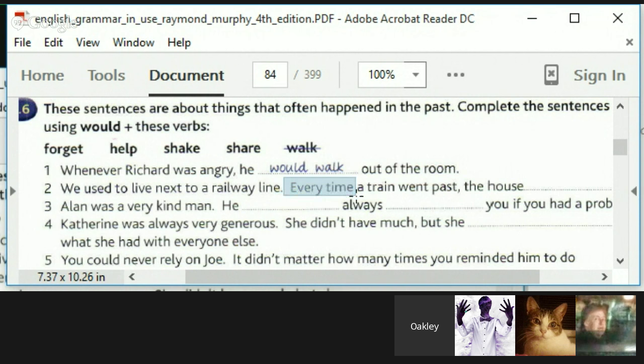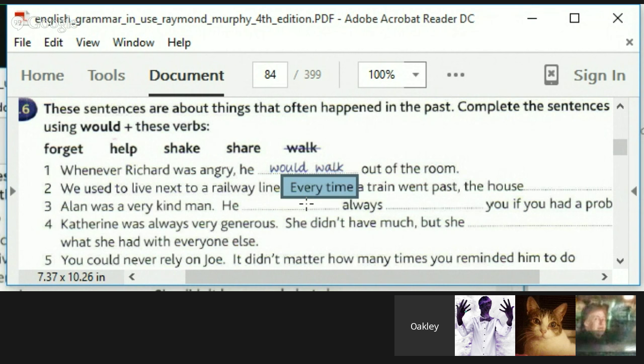You've got enough information here, so you don't need it. However, it would also be okay to say every time a train went past, the house used to shake. Every time a train went past, the house would shake. Every time a train went past, the house shook. Any of those is perfectly okay.